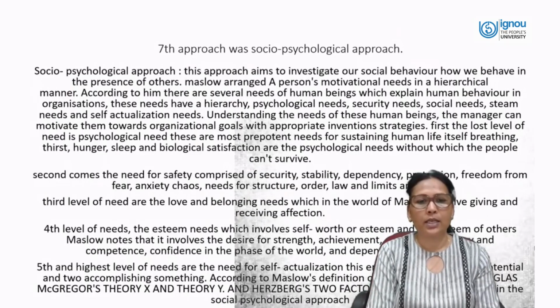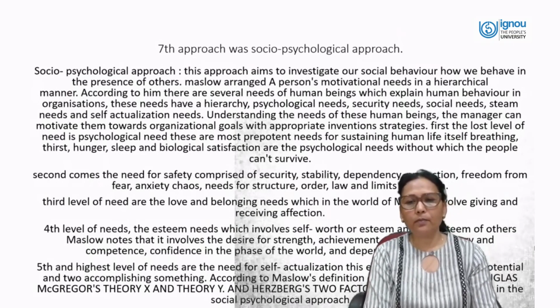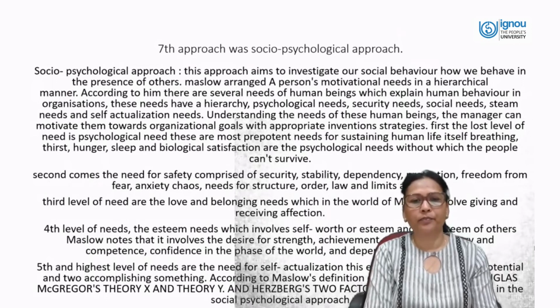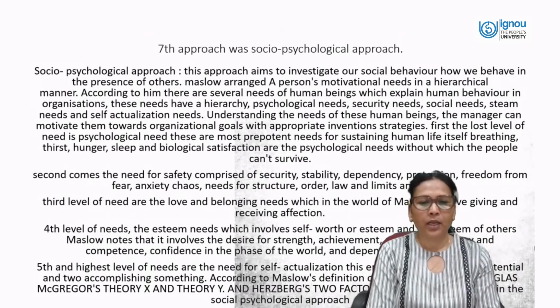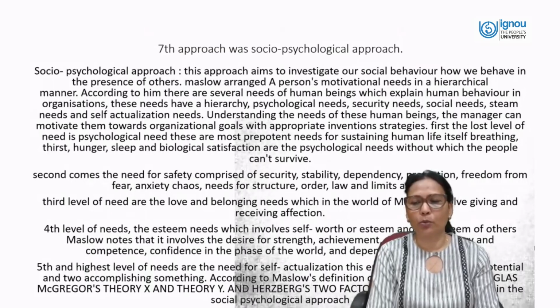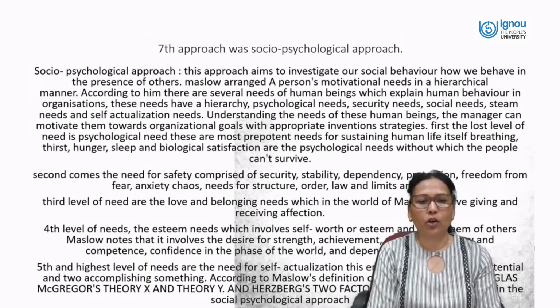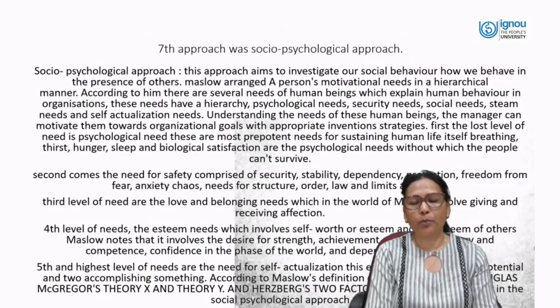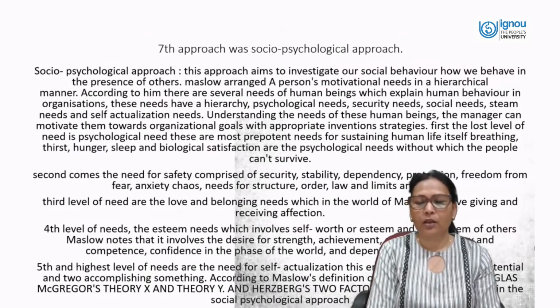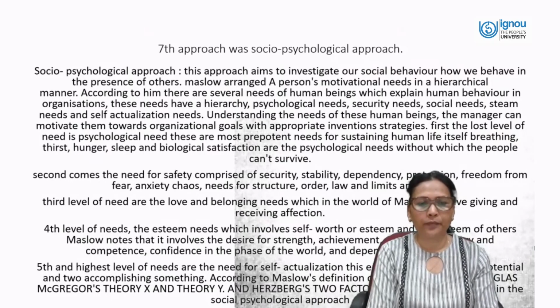These were the needs of a person to motivate several other needs. Understanding the needs of these human beings, the manager can motivate them towards organizational goals with appropriate intervention strategies. First, the lowest level of need is physiological need.